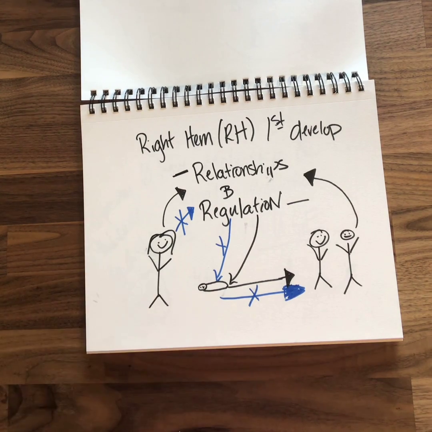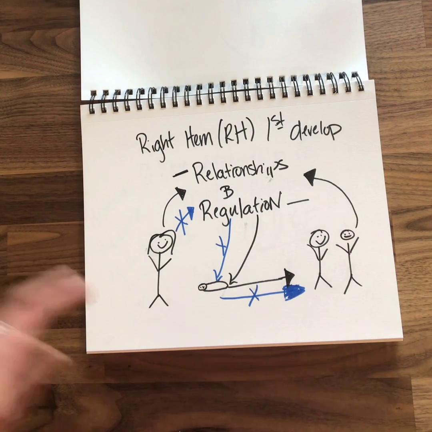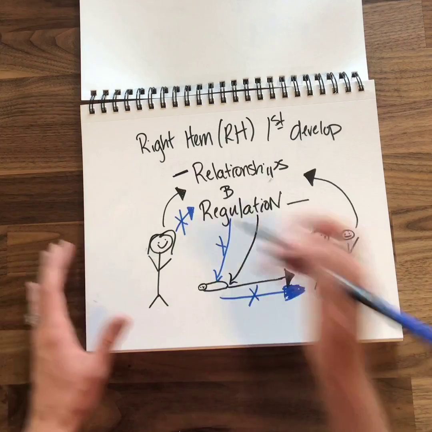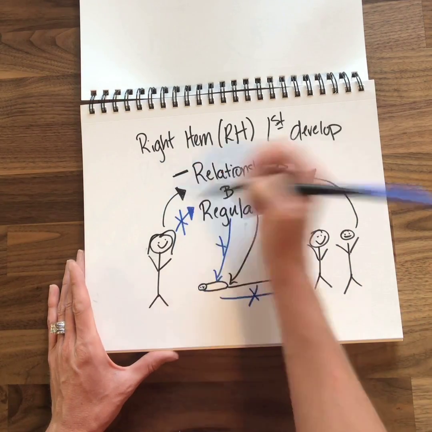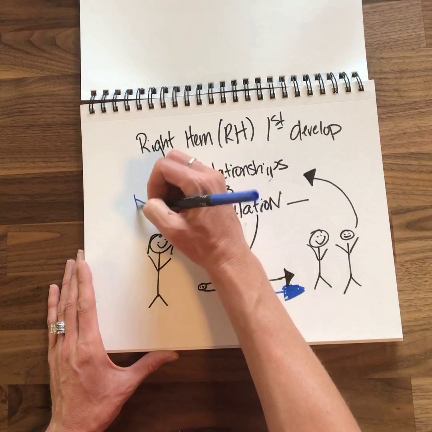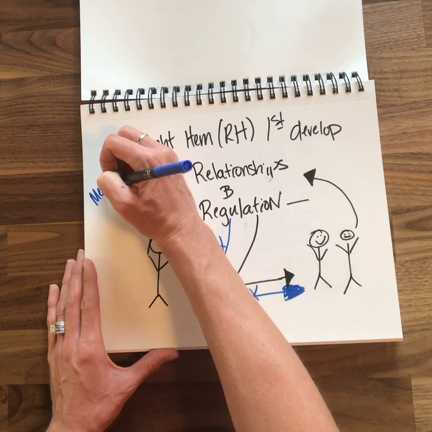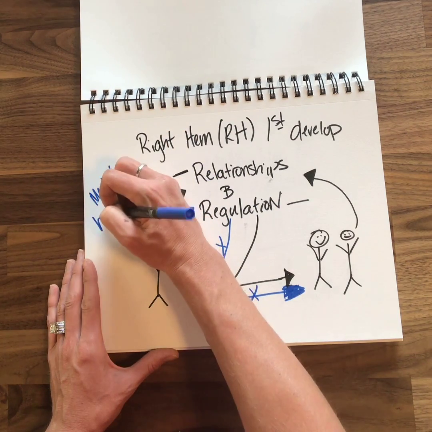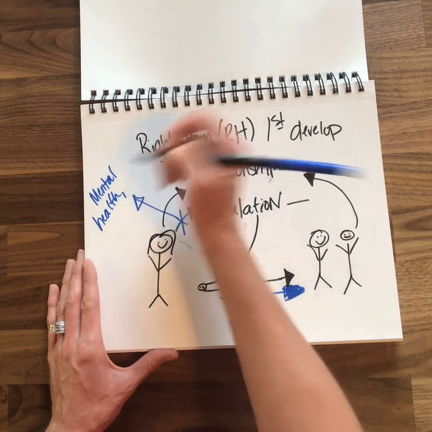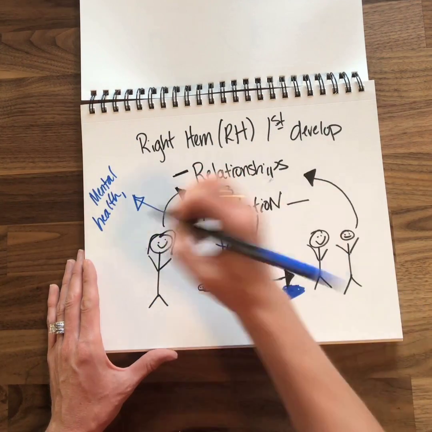It can be maternal dysregulation through depression or another mental health issue, through substances, right? So some of the things that cause an inability to have regulation in relationships is mental health, substances. I'm getting marker all over.